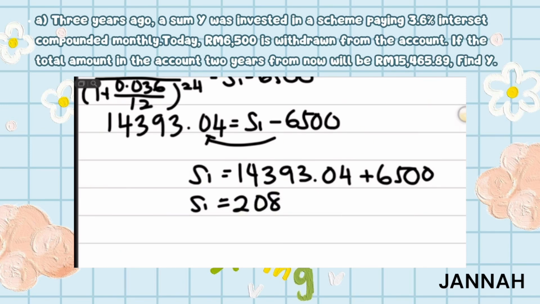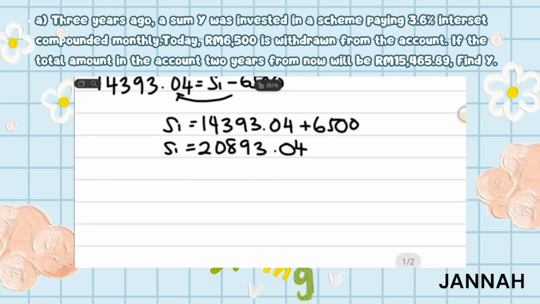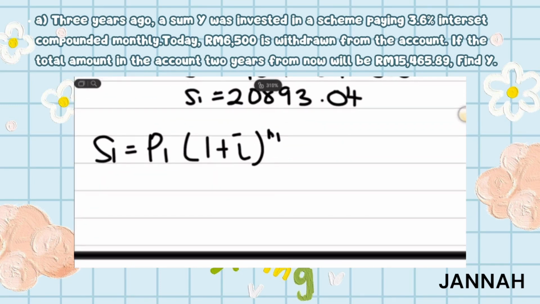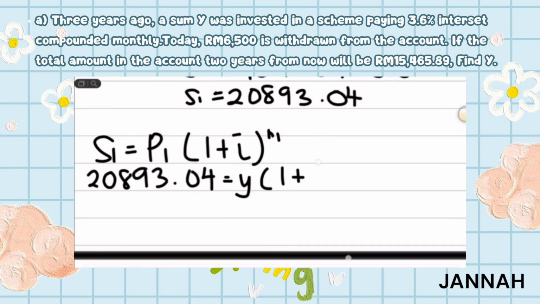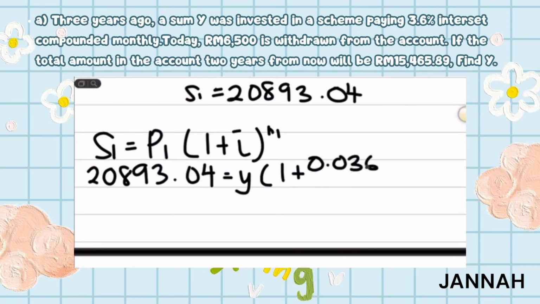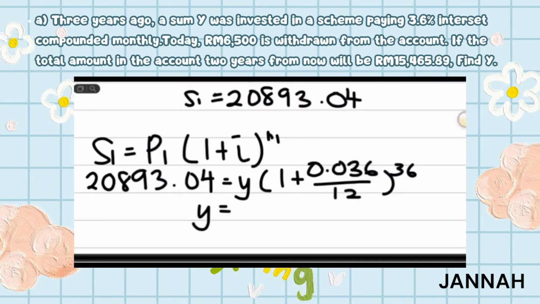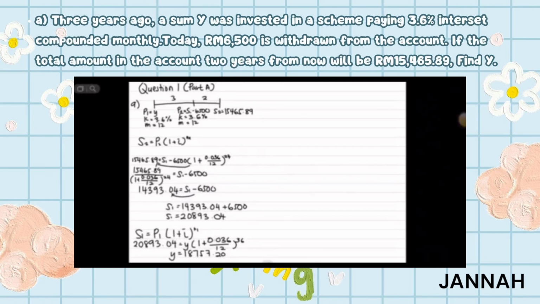So we get S1 equal to 2,893 ringgit and 4 cents. Now we can use the same formula to find the P1, which is Y. So we get the answer of Y is equal to 18,757 ringgit and 20 cents. So this is the full solution for this question.